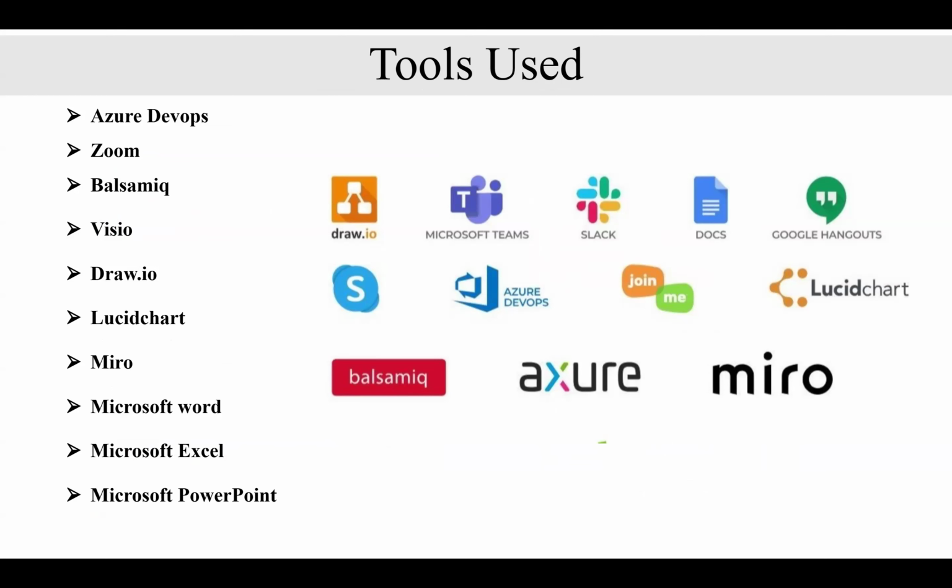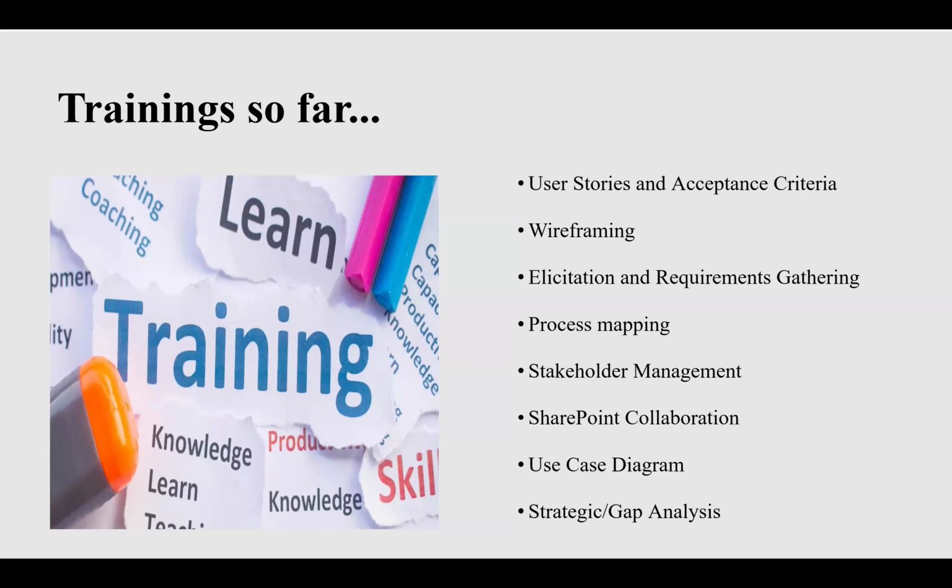We use Visio, Draw.io, and Lucidchart for our process maps and use cases. The Miro tool we use for all our mind maps, and of course Microsoft Office, Word, Excel, and PowerPoint for BA jobs.